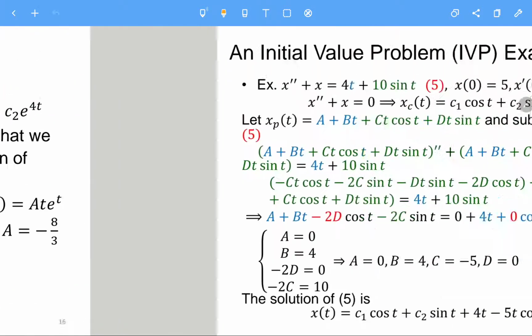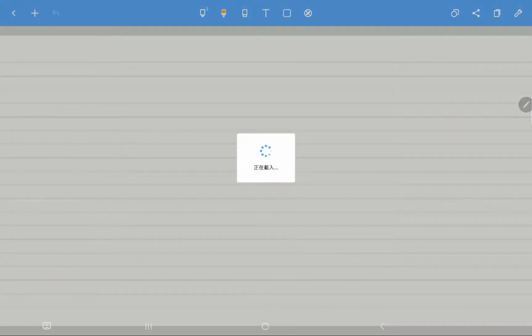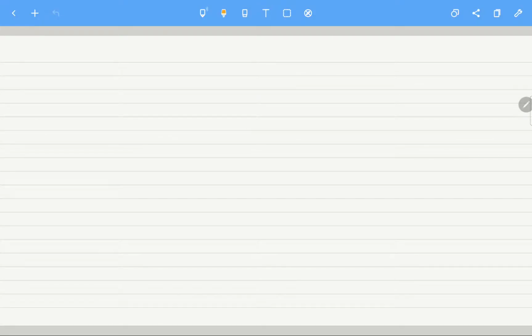So another example is like if you have an equation like x double prime plus 2x prime plus x equals exponential to minus t. In order to solve this one, you can first solve for the homogeneous solution.